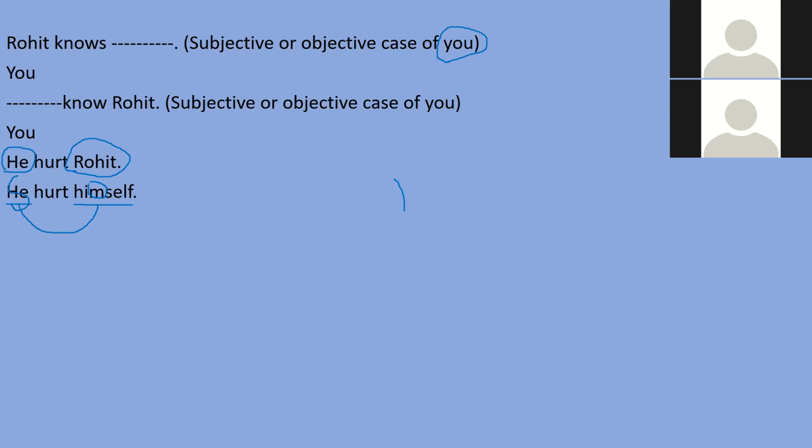Again, understand: in the first sentence the subject is someone else and the object is someone else, but in this sentence the subject is the same and the object is also the same. So when the subject and object are both the same person, we write the reflexive pronoun in the objective case. Clear?